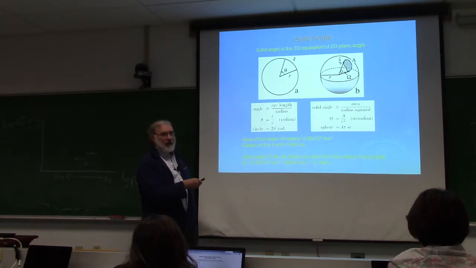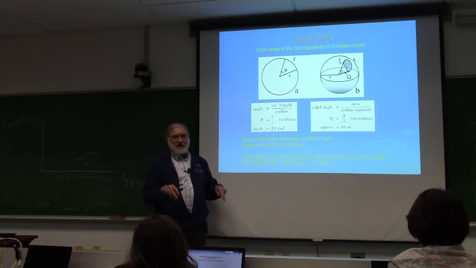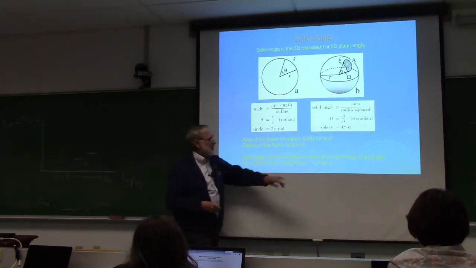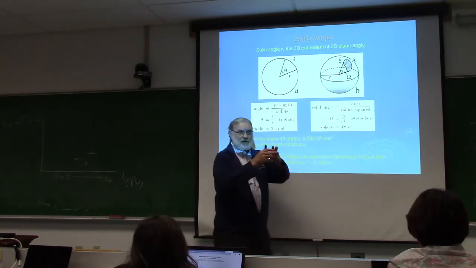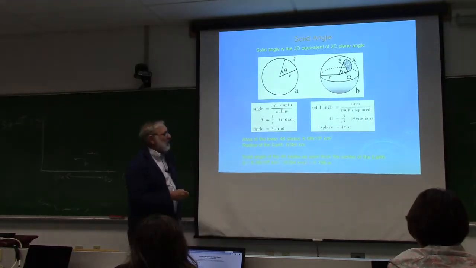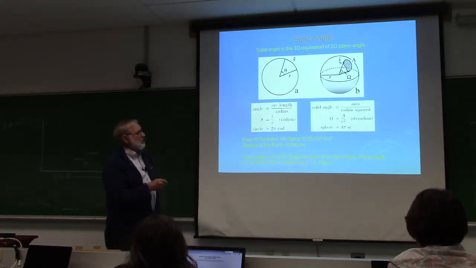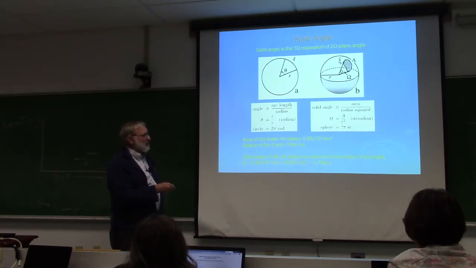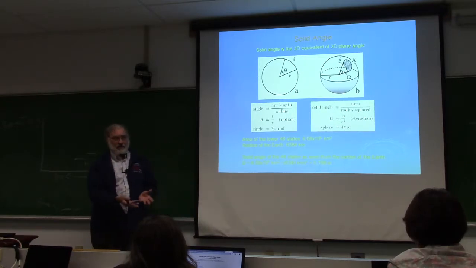So once again, it's a non-dimensional number, but we give it this name steradian just to remind us that we're talking about a solid angle. And ster just comes from the Greek for solid. So anyway, the surface area of a sphere is 4 pi times the radius squared. So divide by the radius squared. There's then 4 pi steradians in a whole sphere.